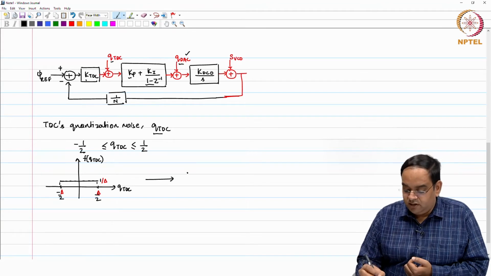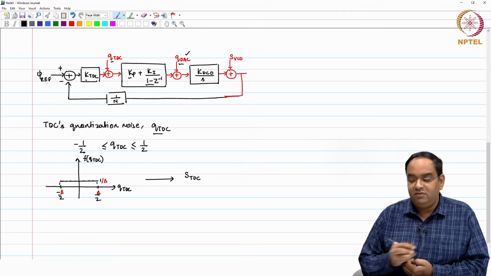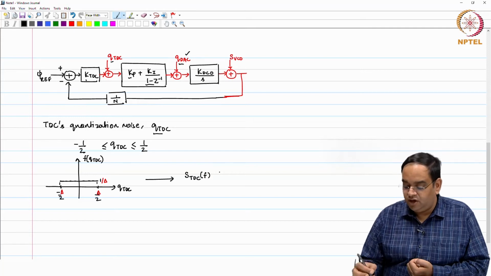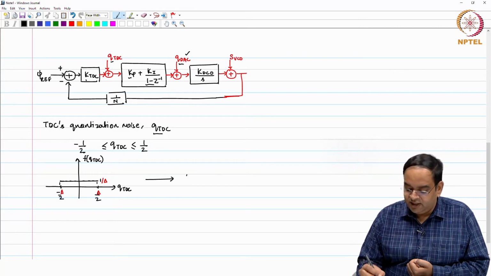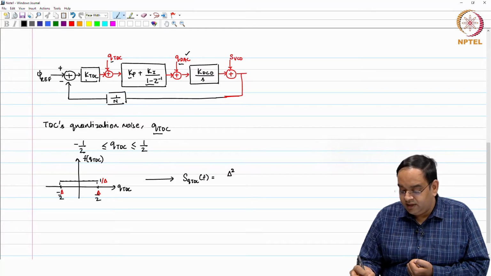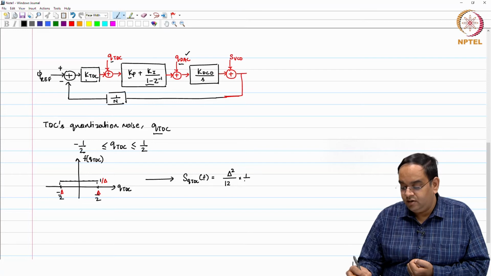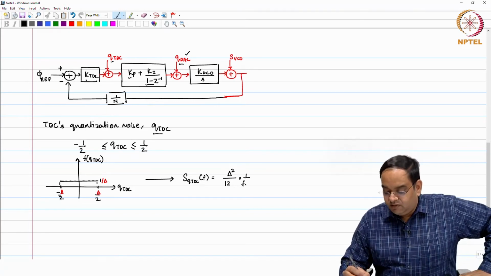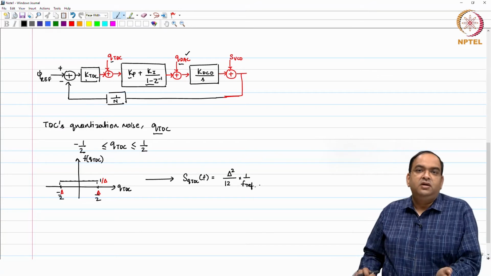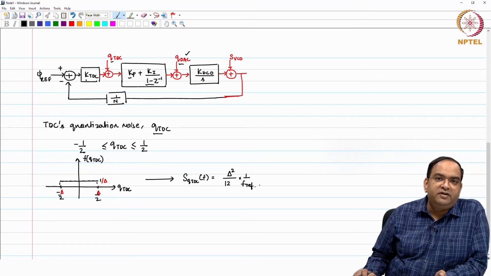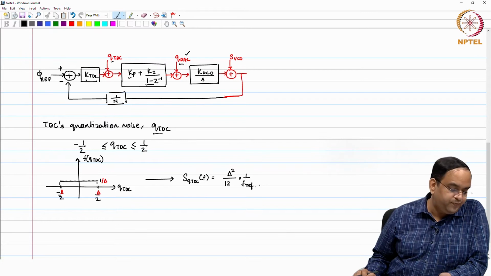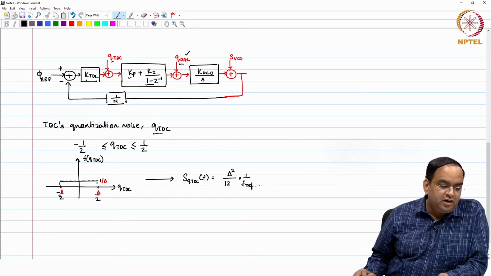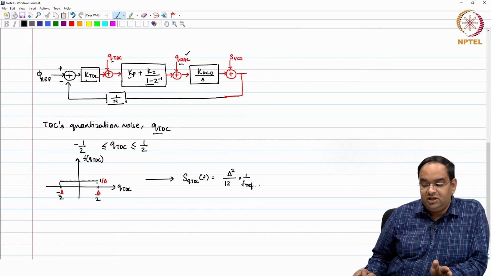The power spectral density of the quantization noise, let me write this as S of QTDC of f, is going to be delta square by 12. This power is sampled at f ref, so it is distributed over the frequency from minus f ref by 2 to plus f ref by 2.